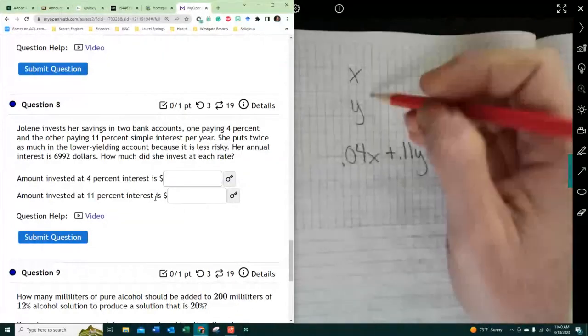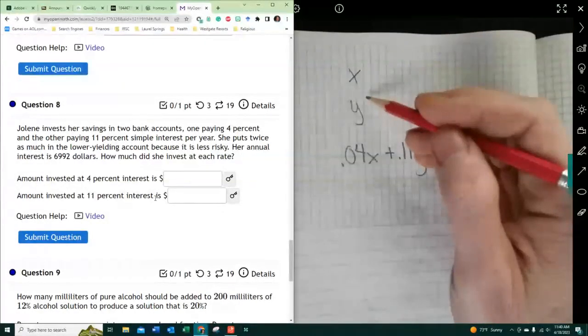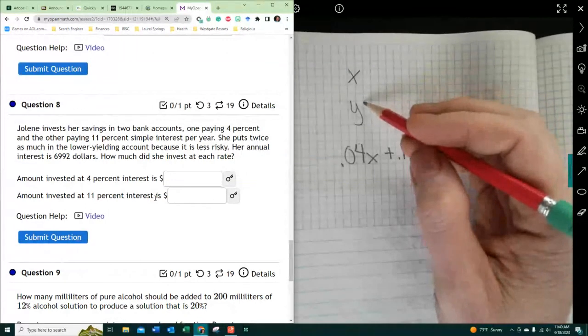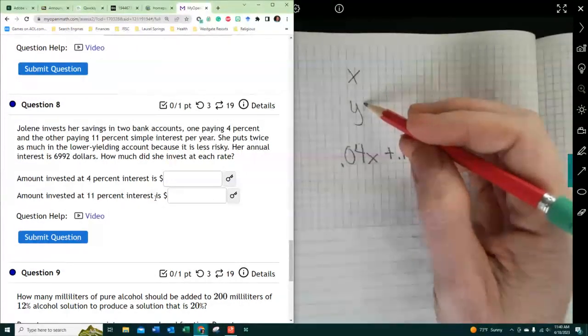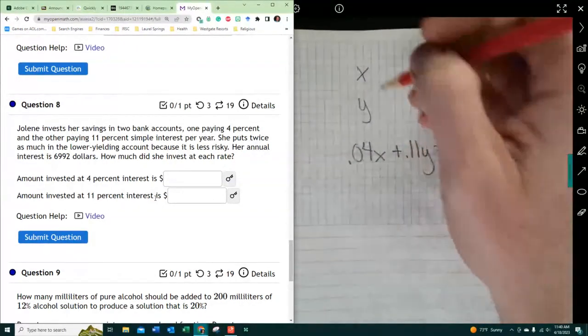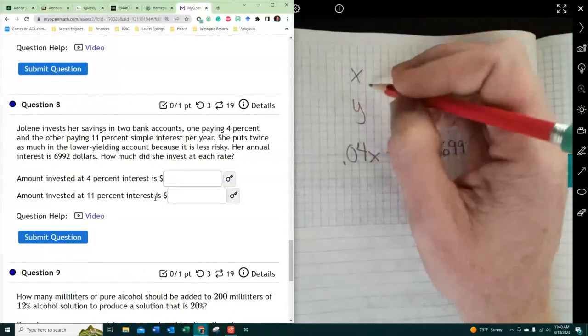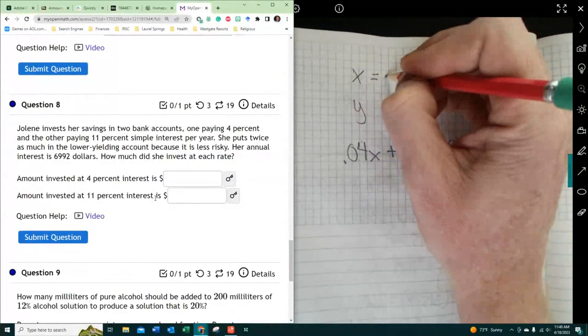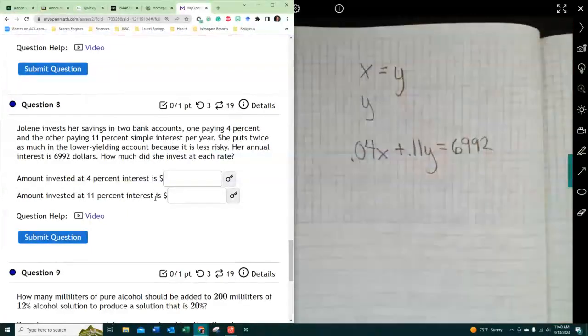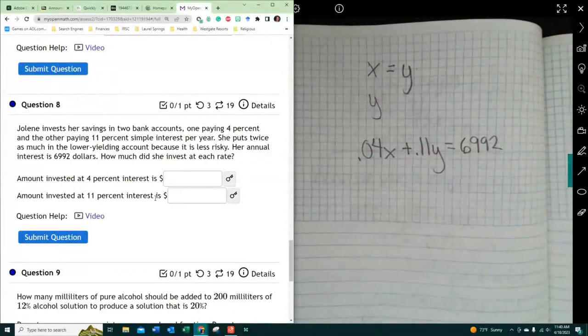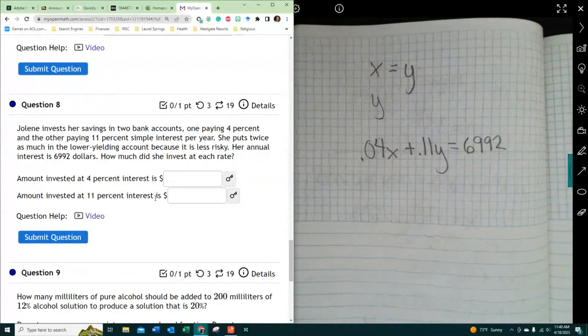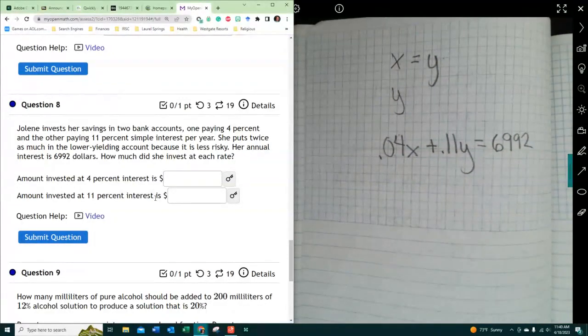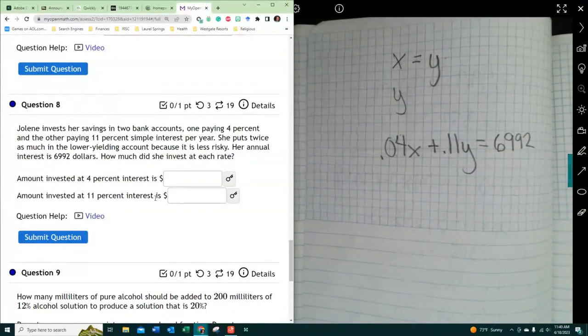Now, the thing is that we don't know how much she has put in at each rate. We know that this one is going to be equal to the value of this one, because they say she puts twice as much money in the lower yielding account because it is less risky.